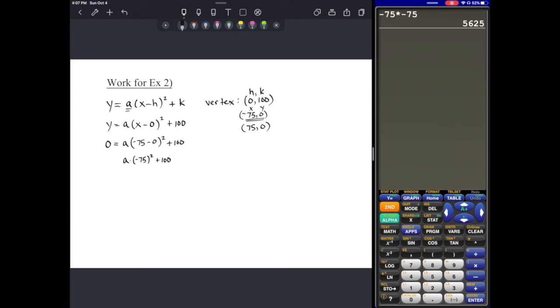And we get there 5,625. So we have 5,625 a plus 100 equals 0. Solving for a, we got to subtract that 100 from each side, and then we can divide by the 5,625.